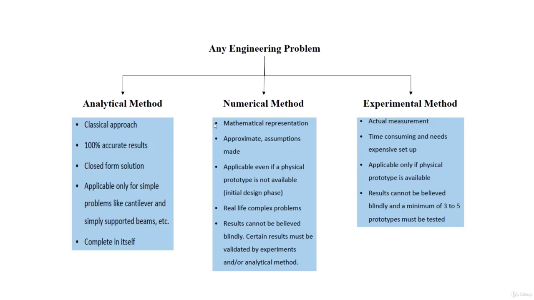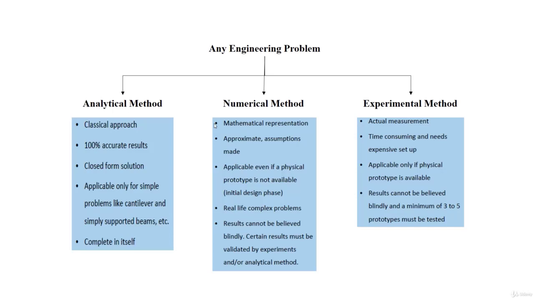Coming to the next method, the numerical method. Here we prepare the mathematical representation of the engineering problem, make some assumptions in order to simplify those mathematical equations, and then solve them. This numerical method can be applied to solve any engineering problem even though the physical prototype is not available.